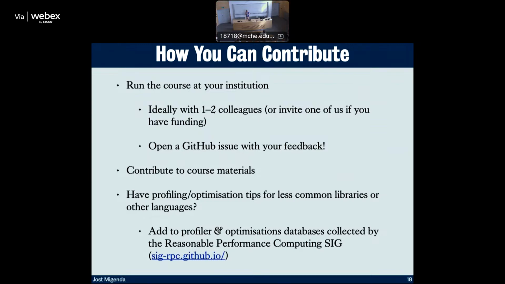You can also, if you don't have colleagues who will run this with you, talk to me later, see if you have some travel funding, to invite me or Robert or colleagues to help you run this.